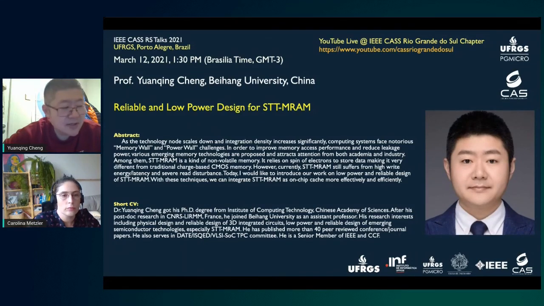And for the advanced technology node, such as 1x nanometer, the write current is much smaller than the write current in the 45 or 32 nanometer technology node. In this case, the driving current requirement on the NMOS transistor will shrink significantly. That's why the integration density for the advanced technology node of STT-MRAM becomes larger.